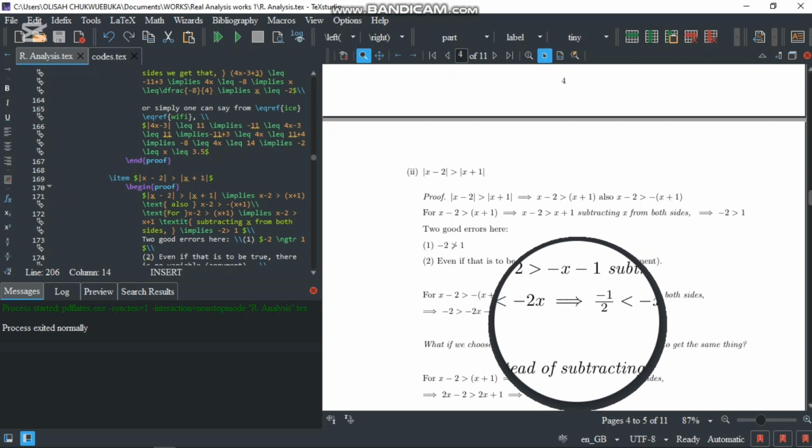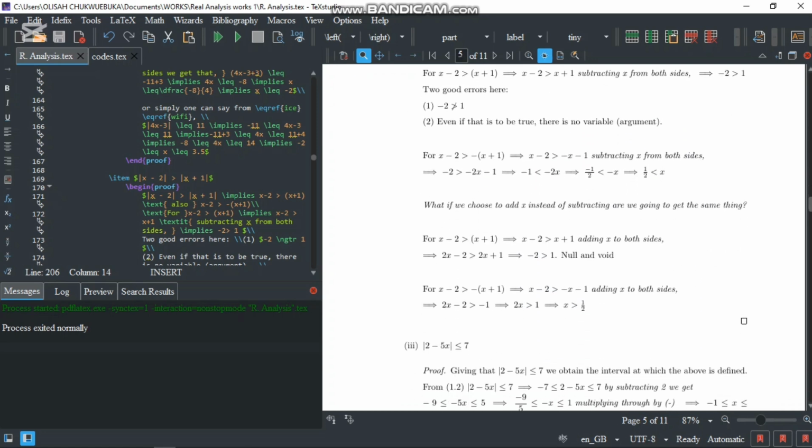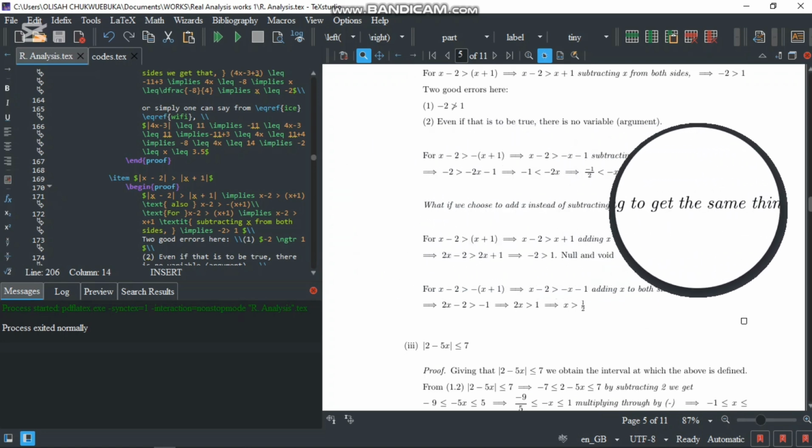Here we are not done. What if we choose to add x instead of subtracting x? You are going to get the same thing.